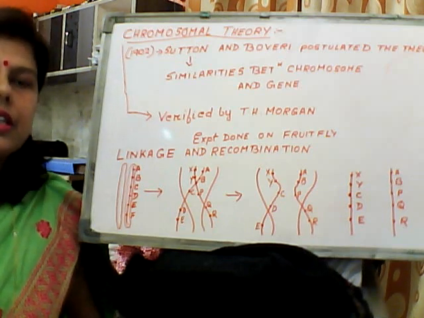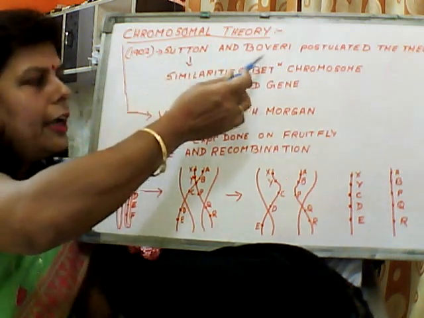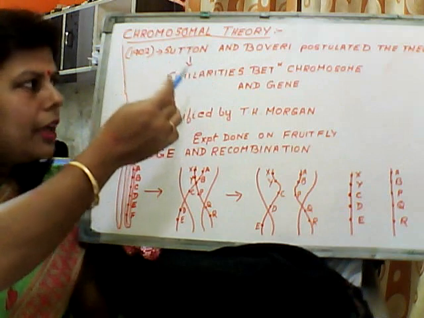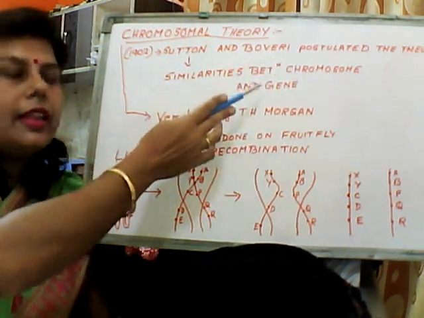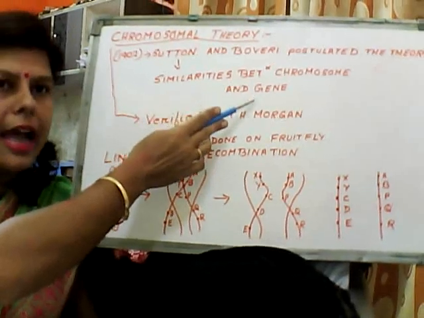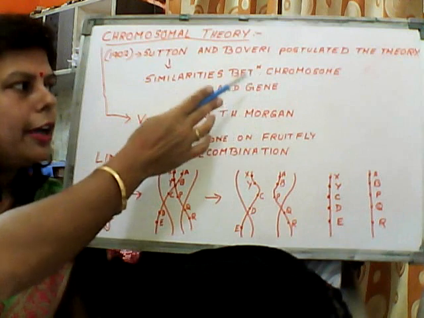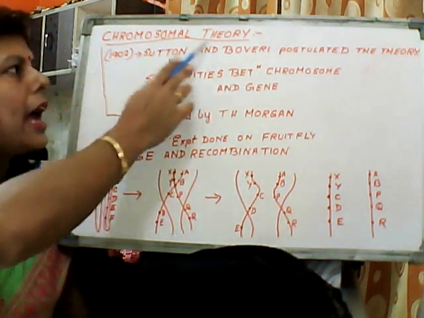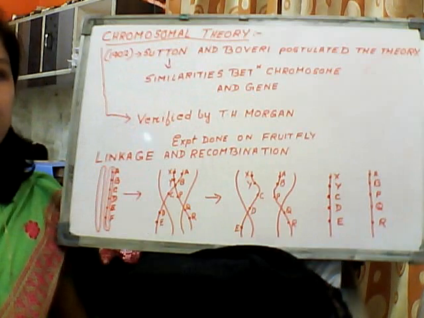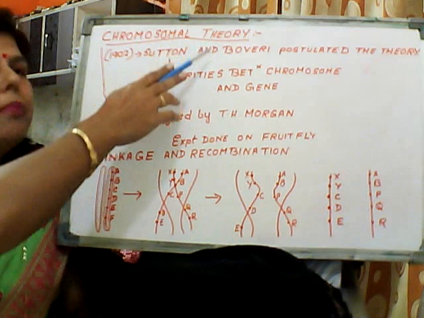Due to these similarities observed by Sutton and Boveri, they included the concept of chromosomes with Mendel's law of inheritance. When the concept of chromosomes was included with Mendel's law of inheritance, it was known as the chromosomal theory of inheritance, which was accepted by many people.